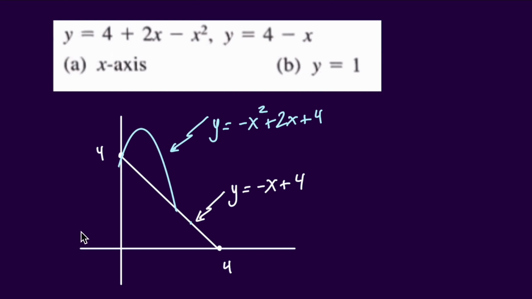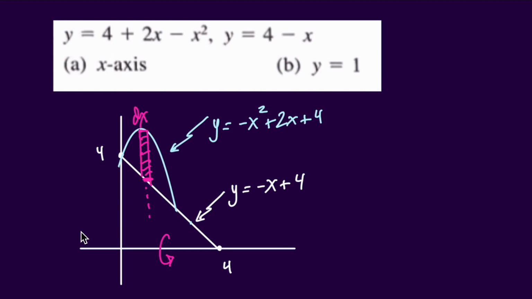Okay, so in part A, we're going to be rotating about the x-axis. If we're rotating about the x-axis, we're going to drop rectangles perpendicular to the axis of rotation. You could see we're going to be working with dx, and you could clearly see, folks, that this rectangle does not make it all the way to the axis of rotation.